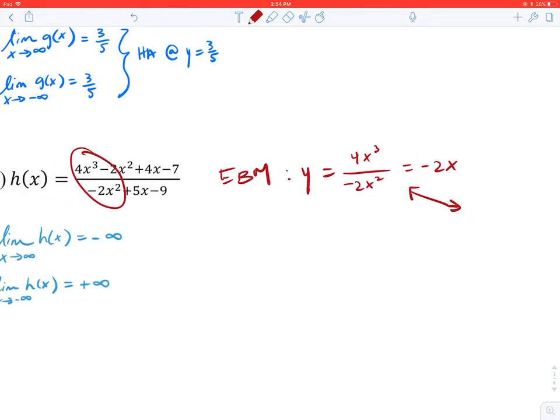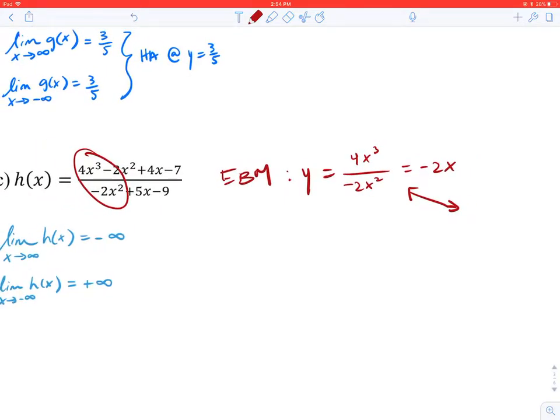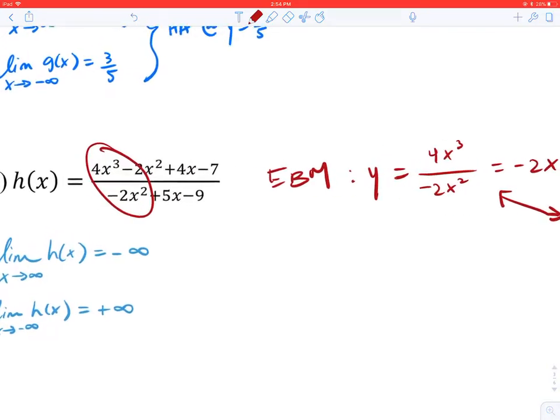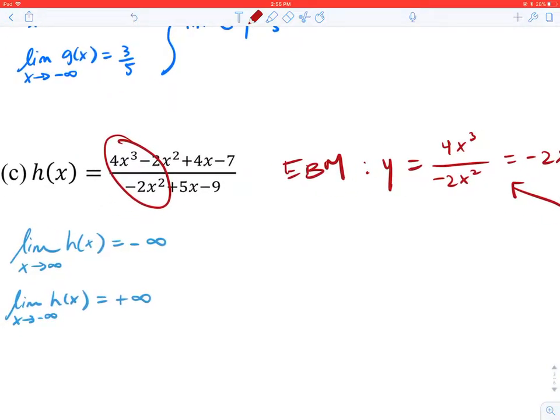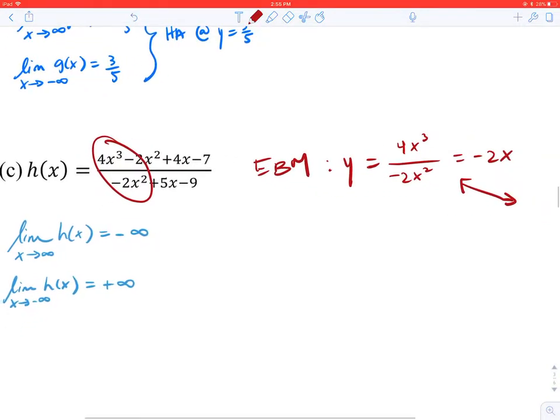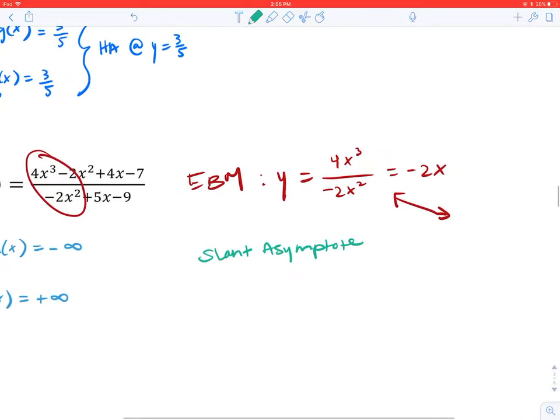Now, you may remember from pre-calc, when the degree of the numerator was exactly 1 more than the degree of the denominator, there was a slant asymptote. And there will actually be a slant asymptote that you could think of as a more accurate end behavior model.